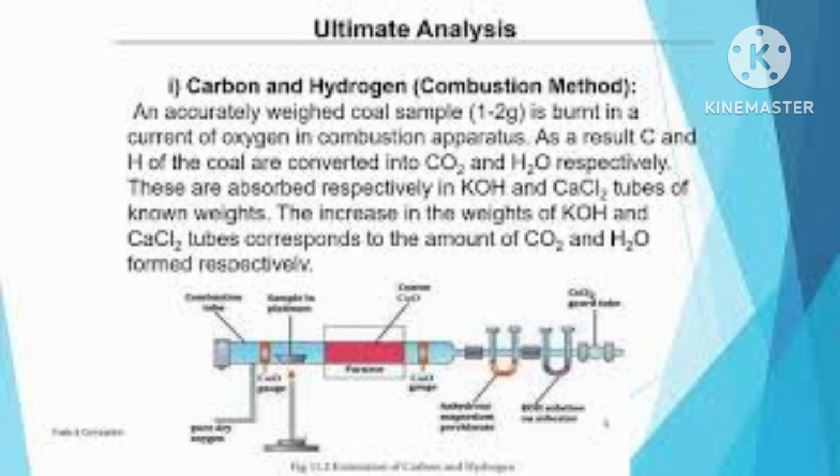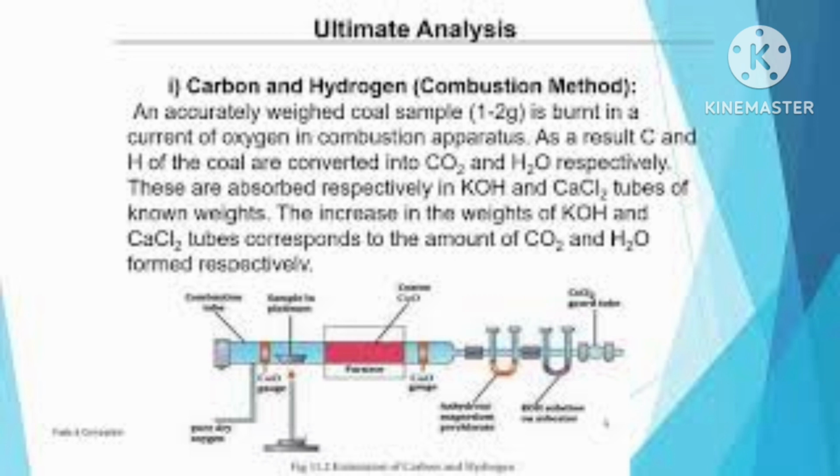You will see the solution become blue, Prussian blue. The formation of Prussian blue color confirms the presence of nitrogen. This is a very, very important test. In examinations, a question is asked on each test.